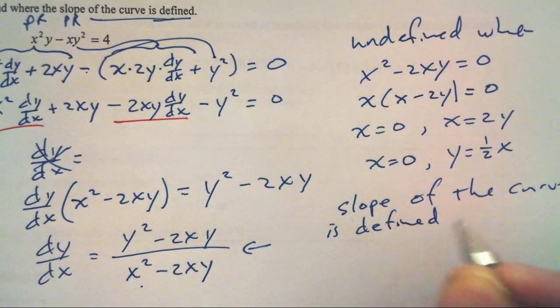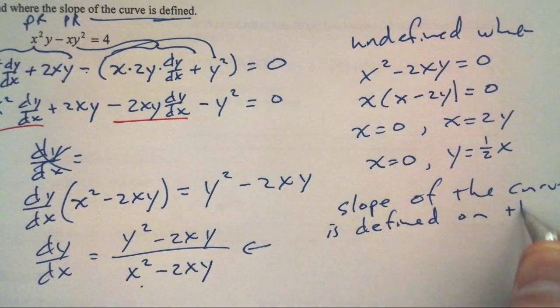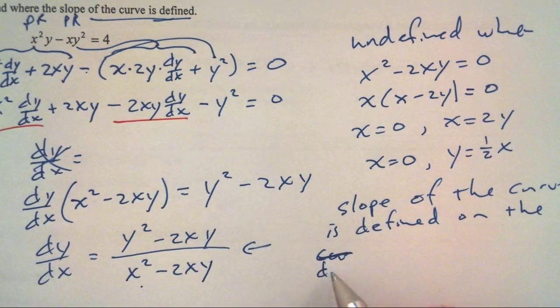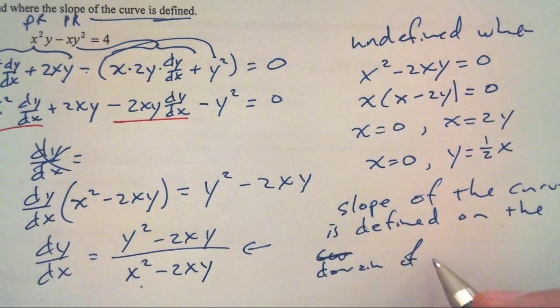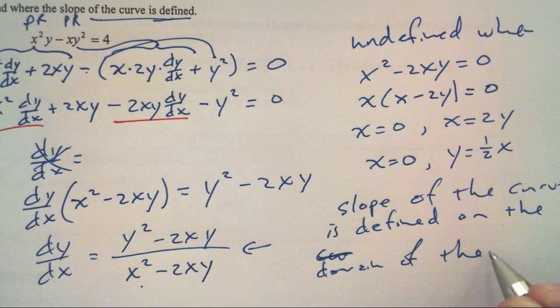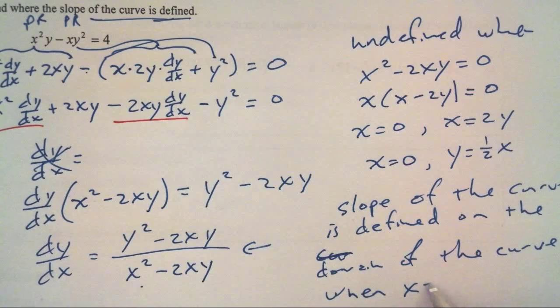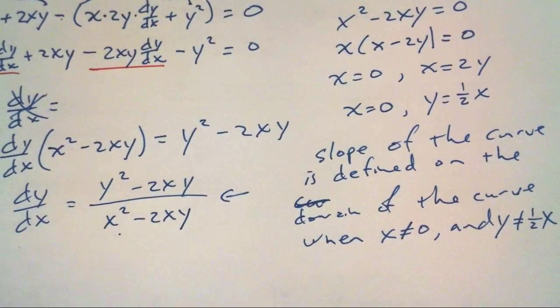is defined on the curve, on the domain of the curve, when x is not equal to 0, and you could put x is not equal to 2y, and y does not equal 1/2 x.